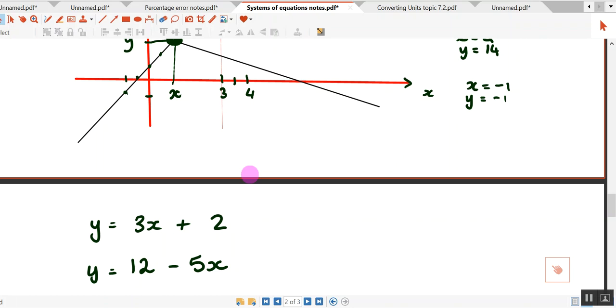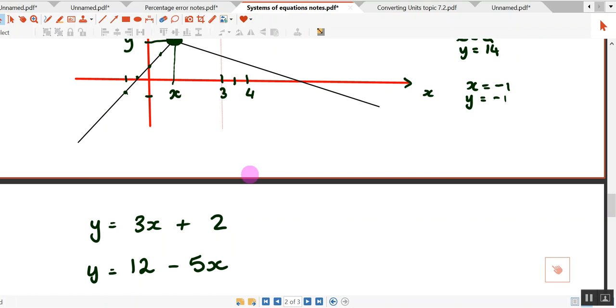So what does it mean if two lines cross? Well, it means if I put an x value into one equation and the same x value into a different equation, both equations will give me the same y value out at the end. Therefore, the x and the y values are the same.